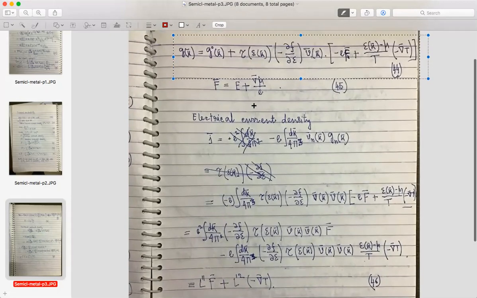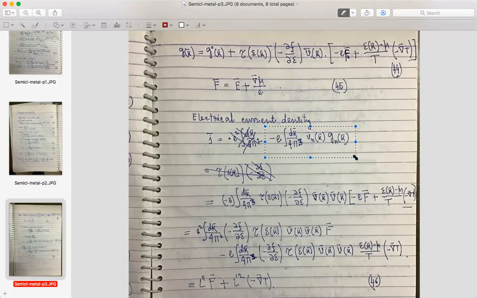Okay. So once I have written G like that, I now calculate the electric current, the charge current. The charge current, of course, is this. We have written this several times.